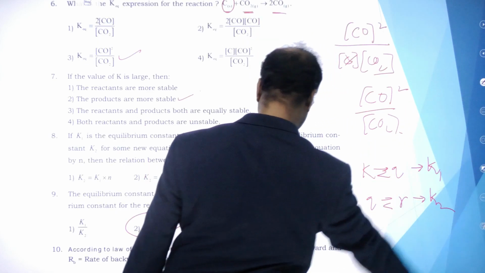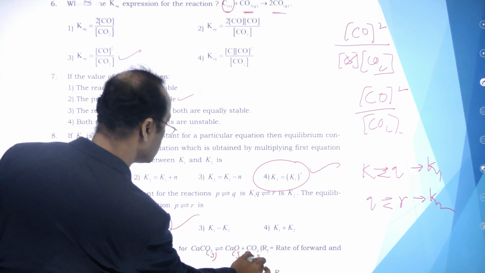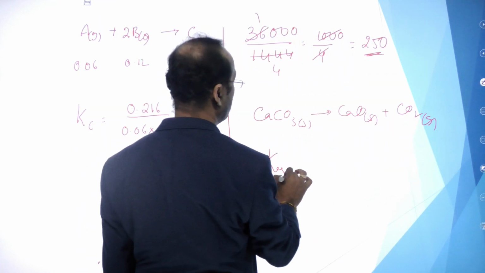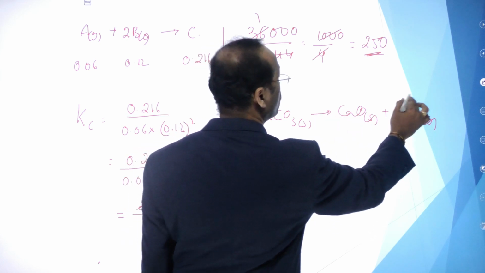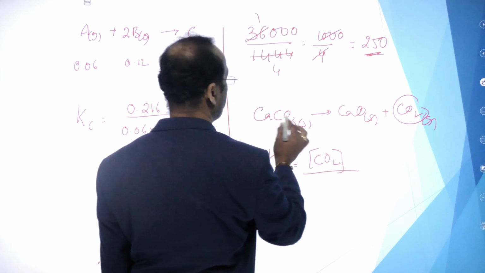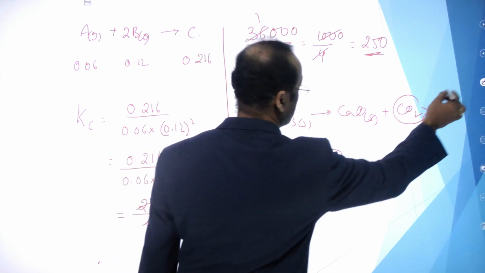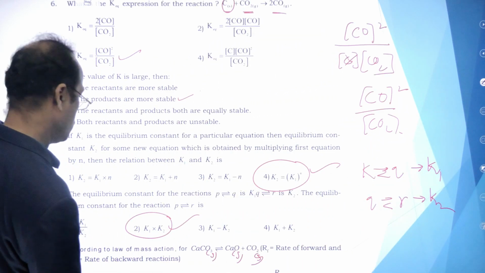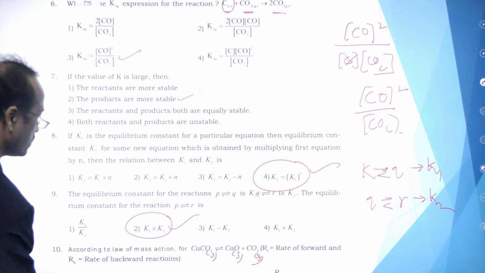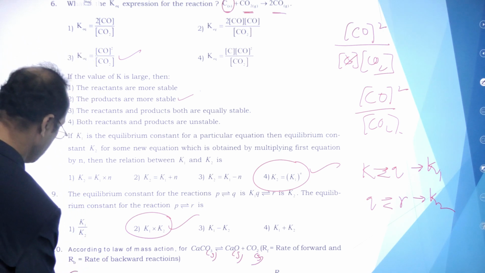This is very important, so you need to remember it. So what is the equilibrium constant? K equilibrium is equal to the product; in the product only one gas is there, that is carbon dioxide. Divided by, nothing is there, since solids become 1. So the first one is the right answer.